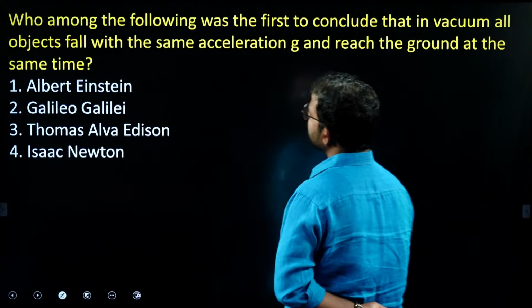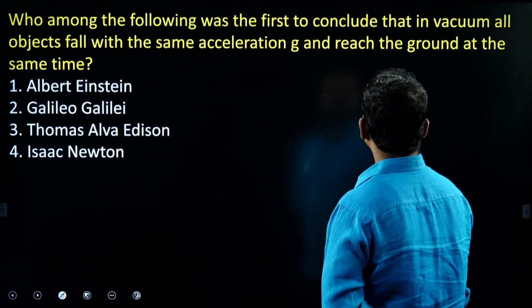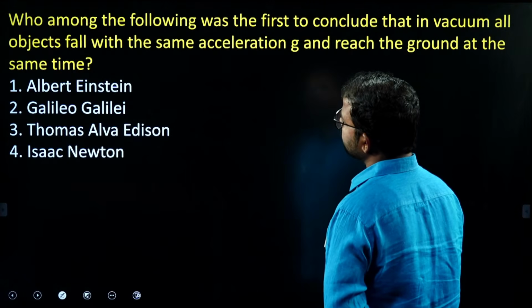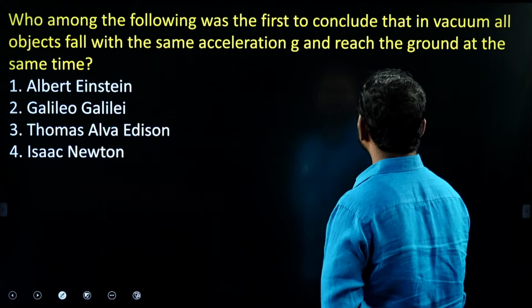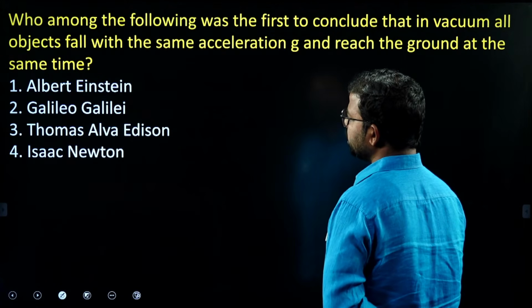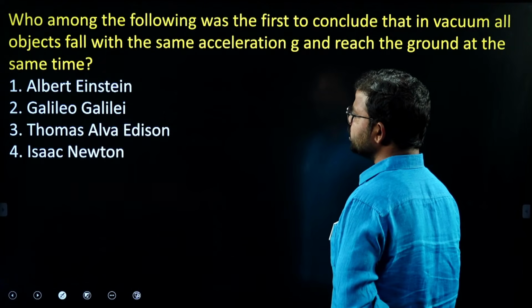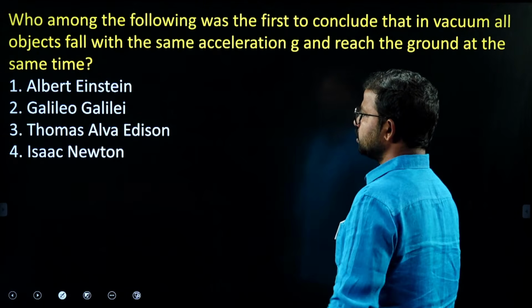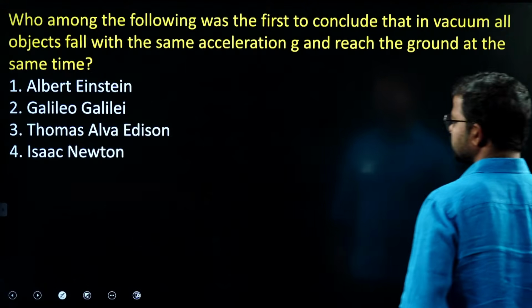Next, who among the following was the first to conclude that in vacuum all objects fall with the same acceleration g and reach the ground at the same time? Albert Einstein, Galileo, Thomas Alva Edison, Isaac Newton.